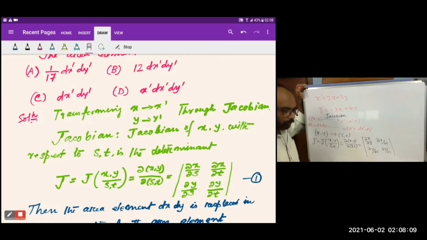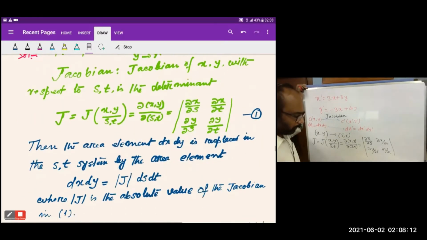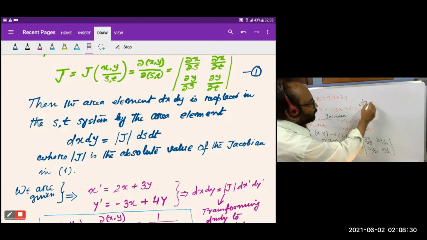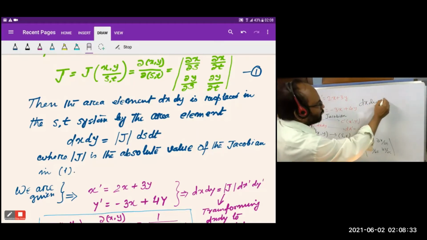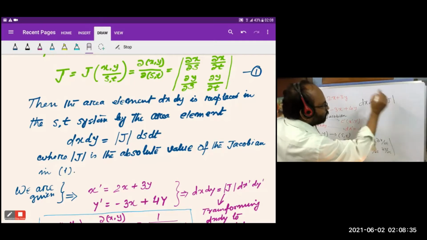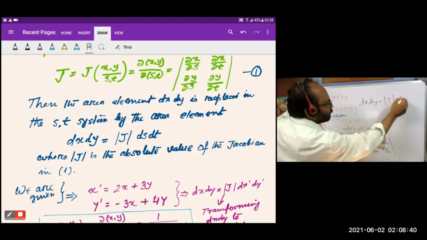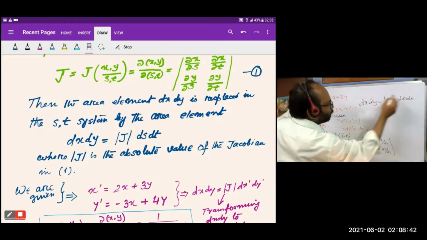So the area element dx dy is now replaced in the st coordinate system by dx dy equal to the absolute value of J, that is Jacobian, times ds dt.